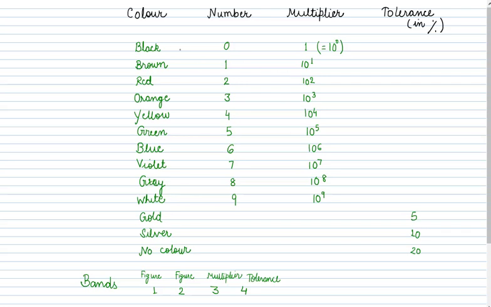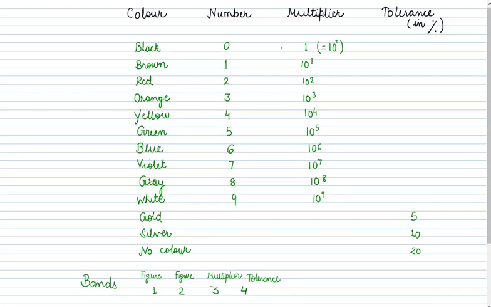The first shows the color: black, brown, red, orange, yellow, green, blue, violet, gray, white, gold, silver, and in the end no color. Then there is a number: black 0, brown 1, red 2, orange 3, yellow 4, green 5, blue 6, violet 7, gray 8, white 9, and the third column has a multiplier.